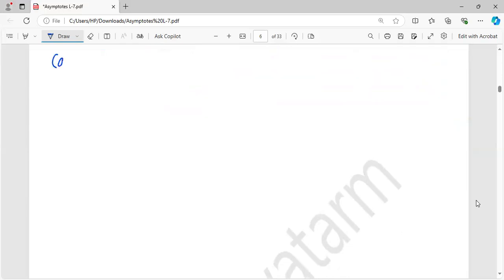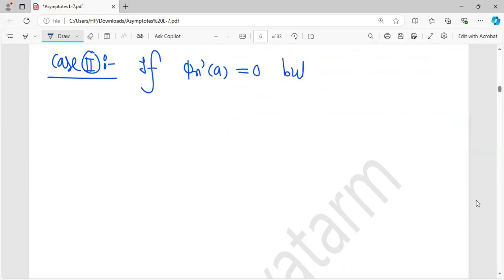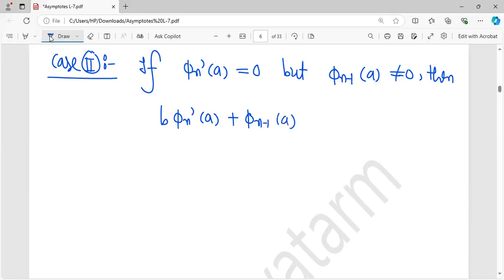Case 2: if phi n dash (a) is equal to 0 but phi n minus 1 (a) is non-zero, then put these values in this formula, b phi n dash (a) plus phi n minus 1 (a) is equal to 0.